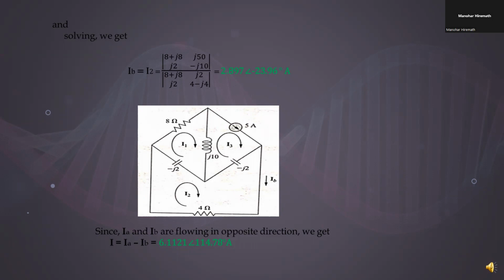That equals 2.897 angle of minus 23.96 degree ampere. Since I and IB are in opposite directions, we get I equals IA minus IB, which is 6.1121 angle of 114.78 degree ampere. So that was our main answer.